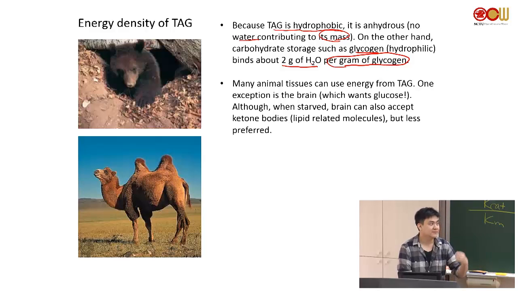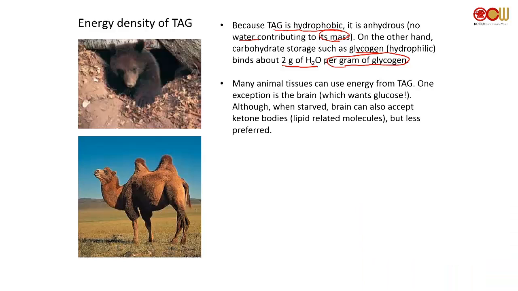Why? Because number one, it attracts a lot of water. Okay, so it doesn't make sense for you to be super heavy and most of it is water and you can't use it. Okay, because water doesn't have energy, right? I hope you guys understand that. Water doesn't have usable energy for biology, right? So they are short-term energy, okay, because if glycogen can attract water, meaning what?